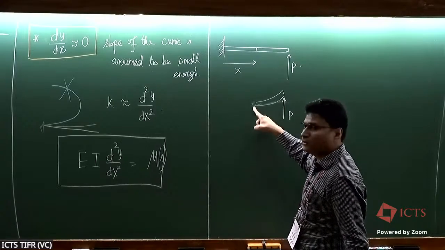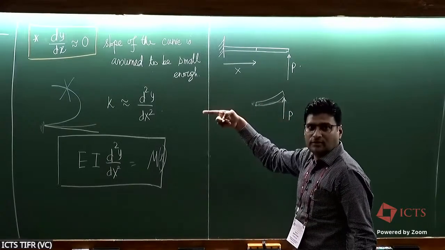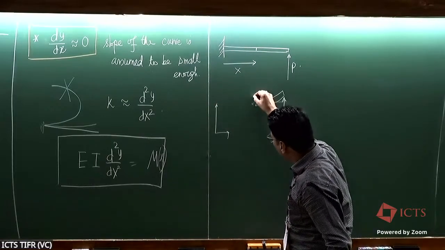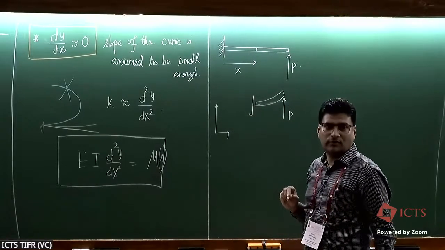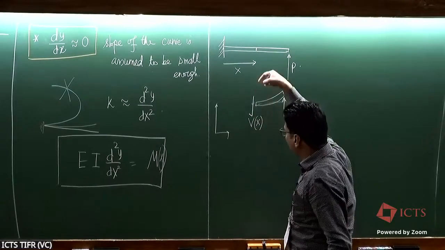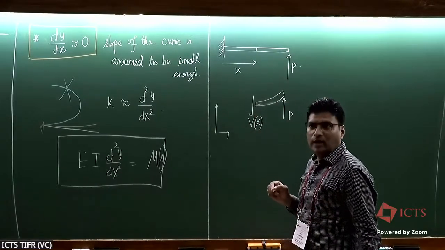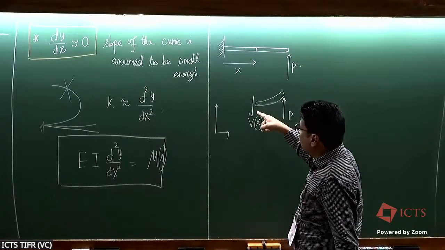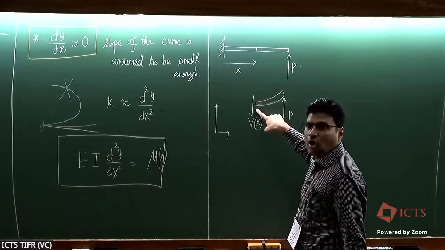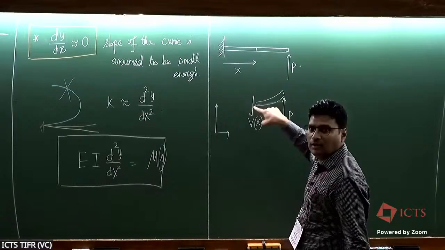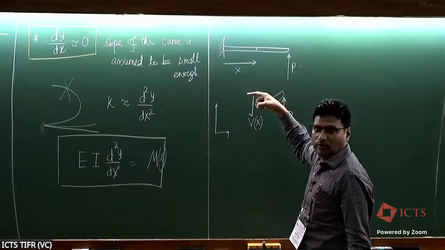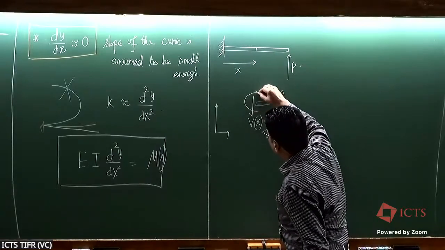The shear force will also have to point down. That's the convention. If you denote shear force by V, then you have V of x here pointing downward. And bending moment here will also be negative. Or you say that it's clockwise here. On a negative cross section, clockwise bending moment, whereas on a positive cross section, you'll have anti-clockwise bending moment. Okay, so that's how your bending moment is, m of x.